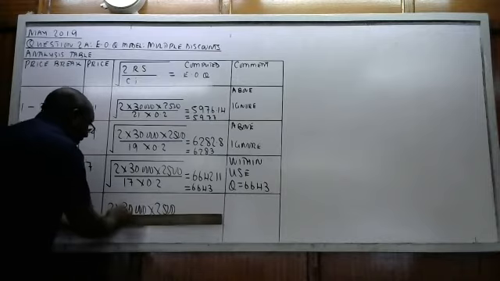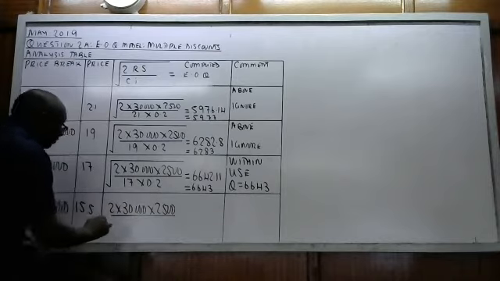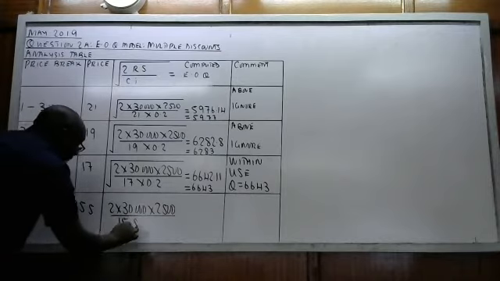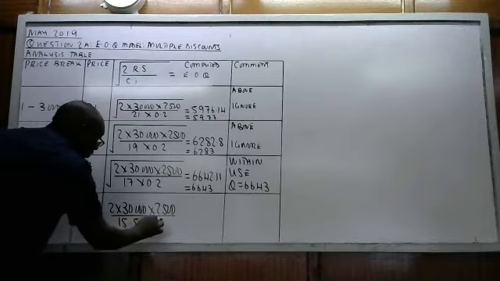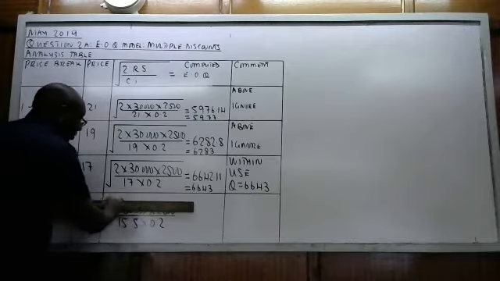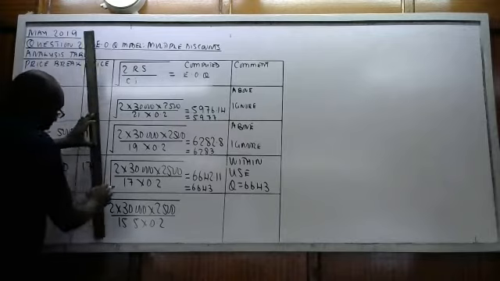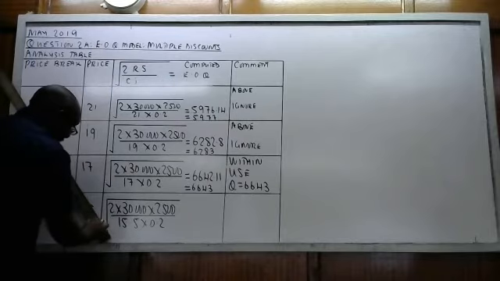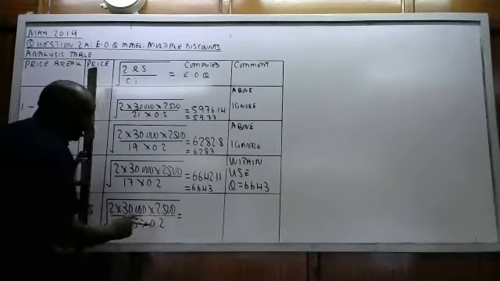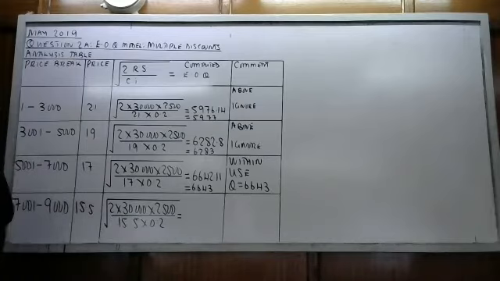You divide by 15.5 times 0.2, square root of that.